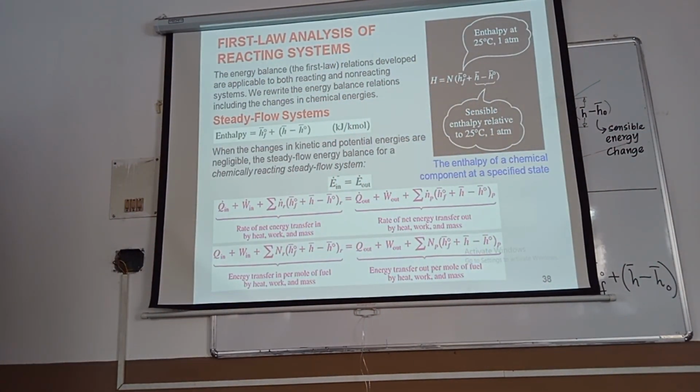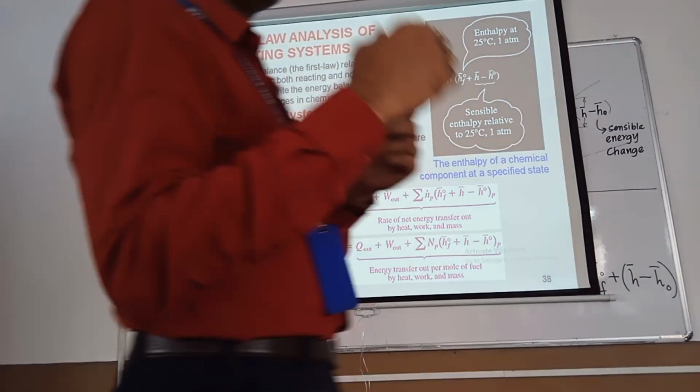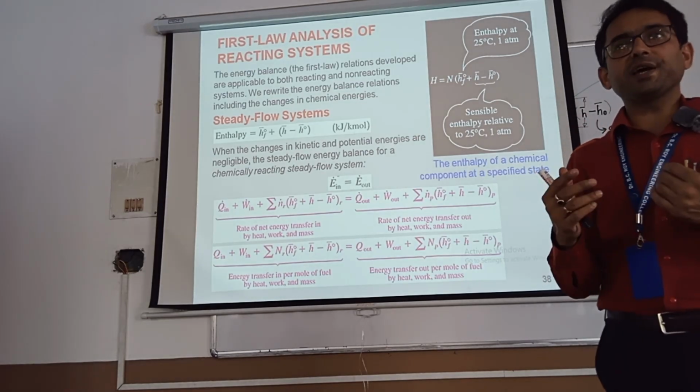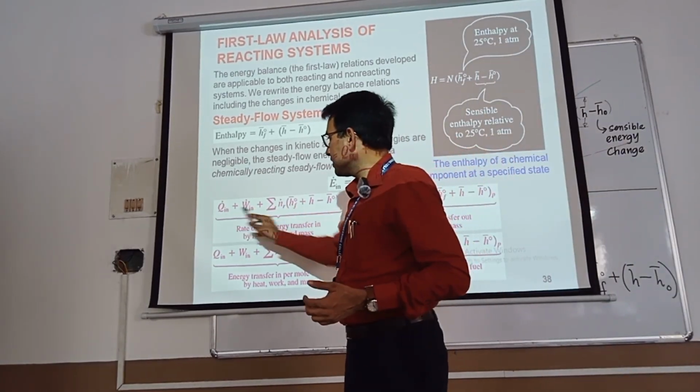What are they? Heat, work and mass flow. Try to understand that a system and surroundings can interact in three ways: heat transfer, work transfer, mass transfer. And in all three ways, these are energy interactions.